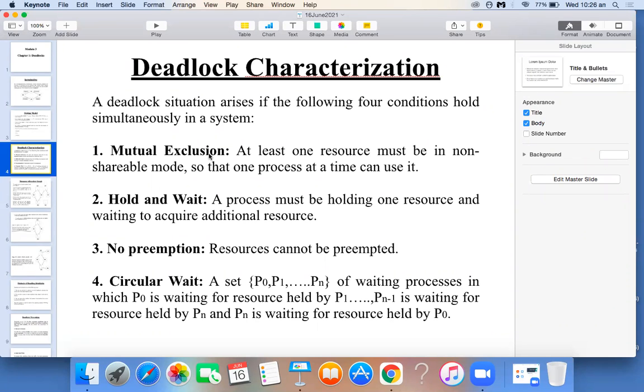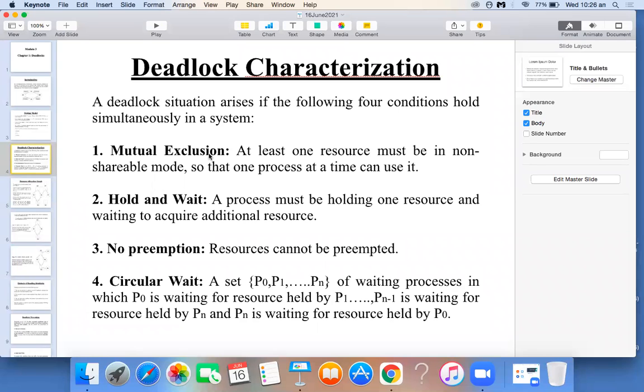The same concept applies when I discuss it in terms of deadlock. Mutual exclusion means we are keeping the resource in a non-shareable mode. What is shareable mode? n number of processes can use that resource, so no problem will occur.